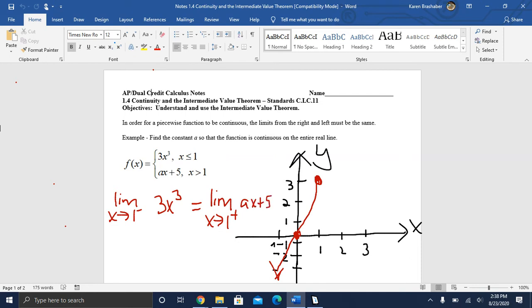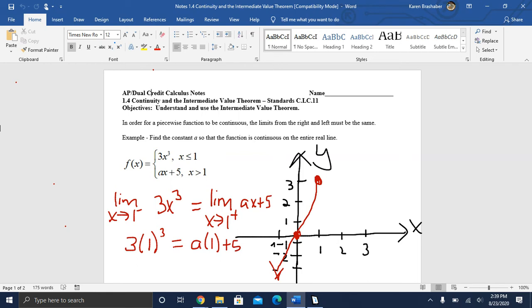All right, so remember our approach to working with limits is to do the direct substitution. So we want to plug in the 1 on the left-hand side. So 3 times 1 to the third power would equal. And then on the right side, we want to plug in 1 again. Now remember, you're plugging it in for x. So it would be a times 1 plus 5.